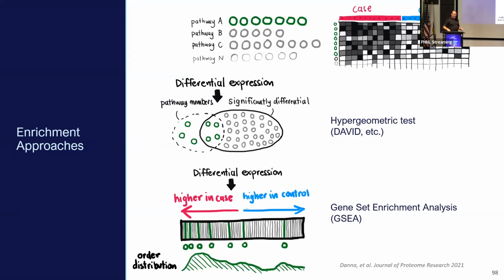DAVID, for instance, has a background set selection. And so generally your background set with transcriptomics is everything that you measure, right? So all of the genes that you had a measurement for is your background, and the differentially expressed is your set.